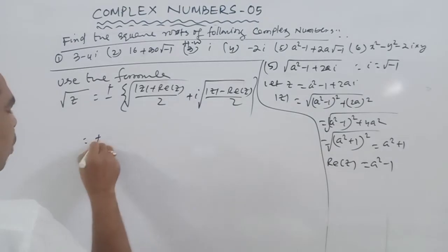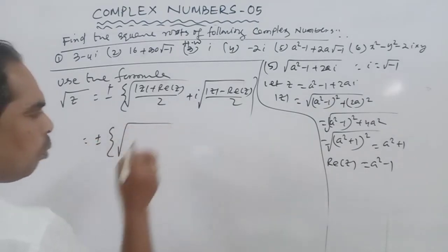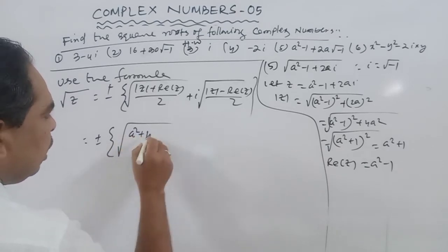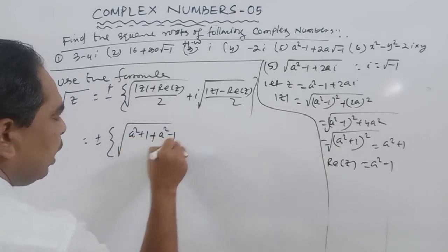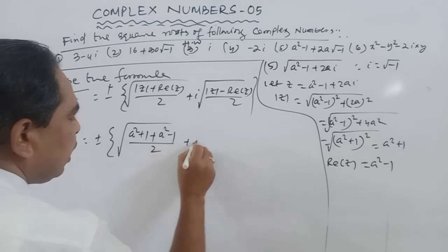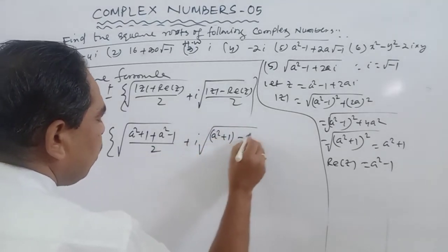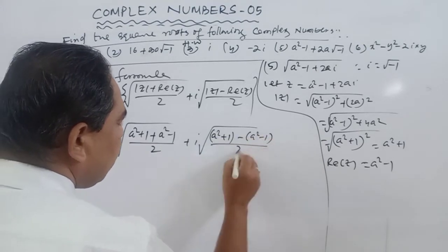So it is equal to plus or minus the square root of (mod z is a squared plus 1, real z is a squared minus 1) divided by 2, plus i times the root of (a squared plus 1 minus (a squared minus 1)) divided by 2.